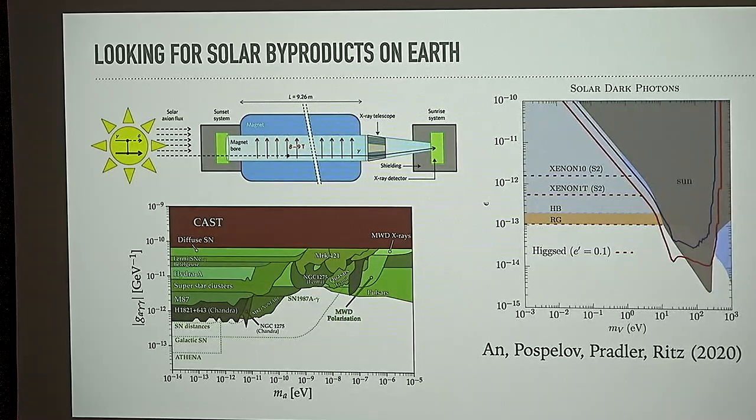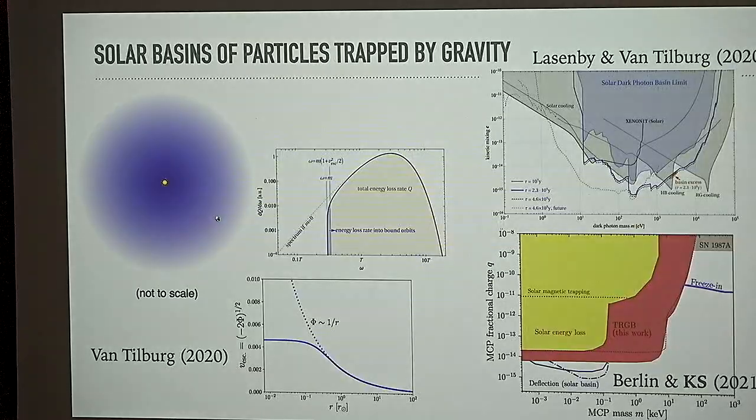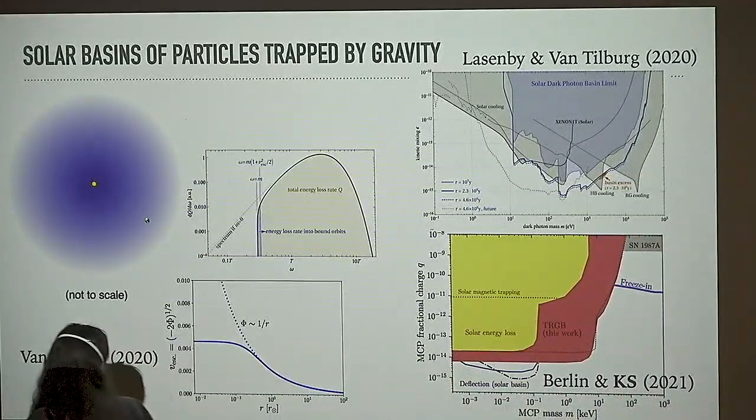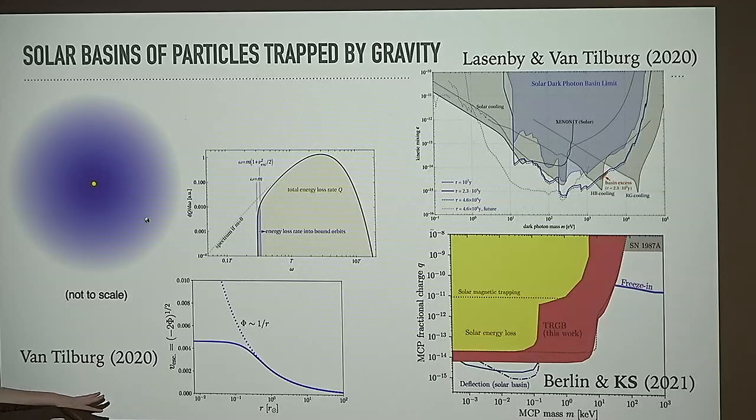And then I think maybe this is the last thing I wanted to mention about these ideas. Not to embarrass you, Ken, but Ken had this really, really nice idea some years ago, which is the following. If you look at the profile of escape velocities inside the sun, what you find is that the escape velocity is around maybe 0.5% the speed of light.